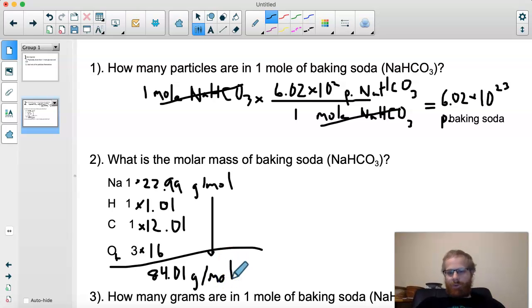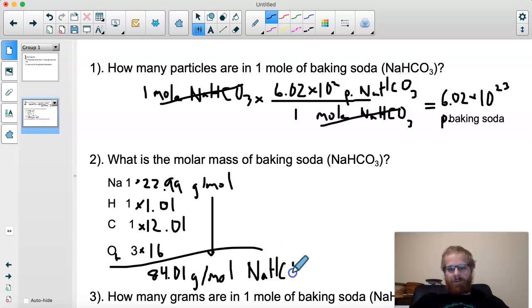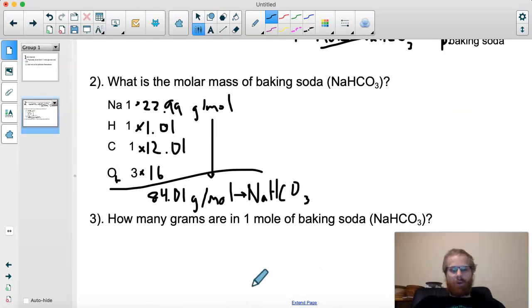Nice. Did you remember your units? Good. We always need to have our units. We don't really necessarily need a type of substance in this problem. We're only talking about baking soda, but it's not a bad idea to have that substance in there as well. Cool.